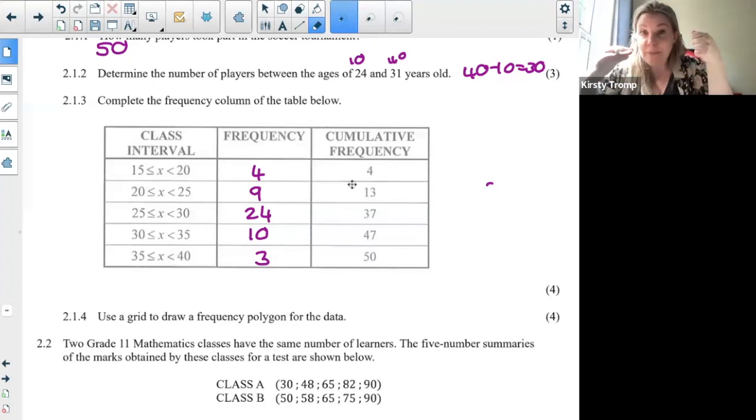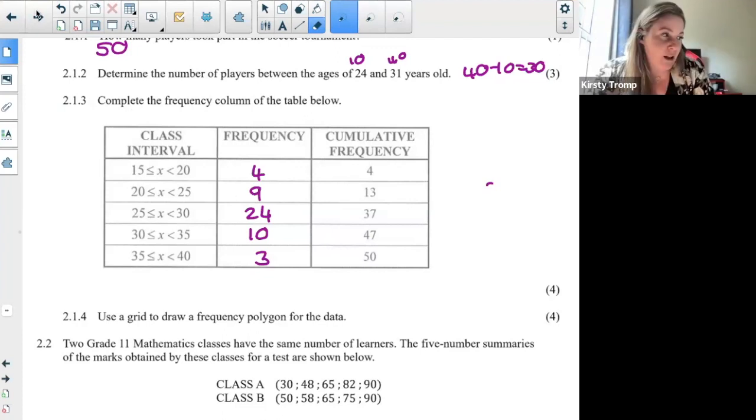But what's happening to my measuring jug? I had 4, I've thrown in 9, so it's moved up to 13. So cumulatively, I've got 13 now. Then I come along and I throw in another 24. So cumulatively, it's gone up to 37.